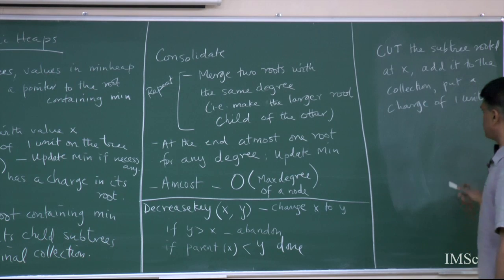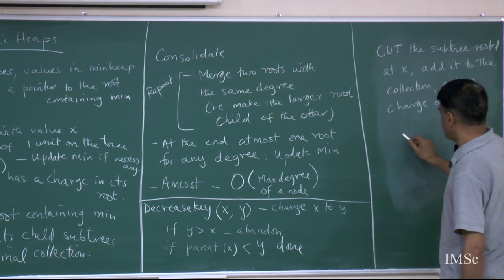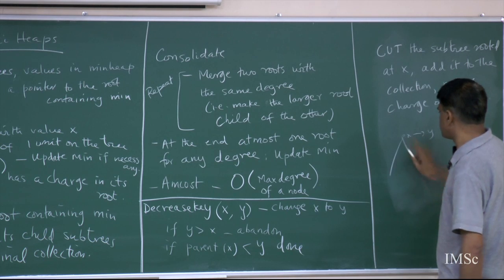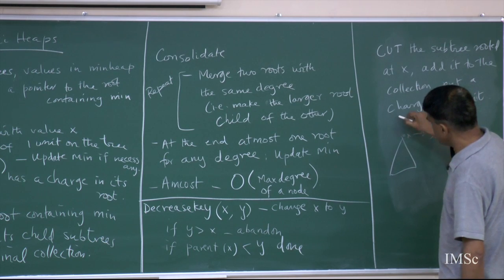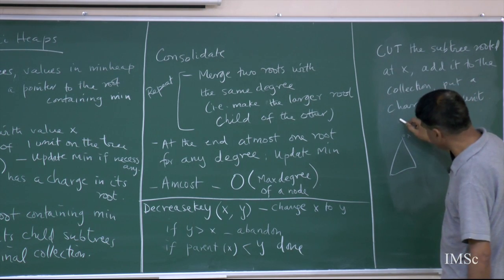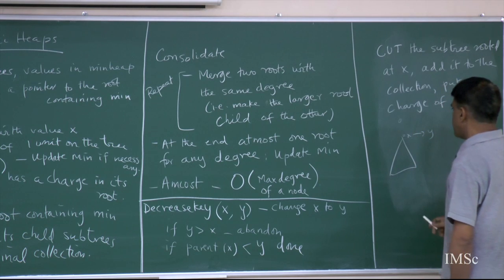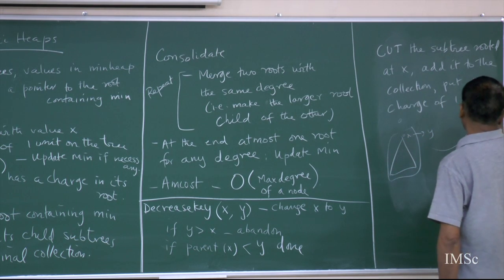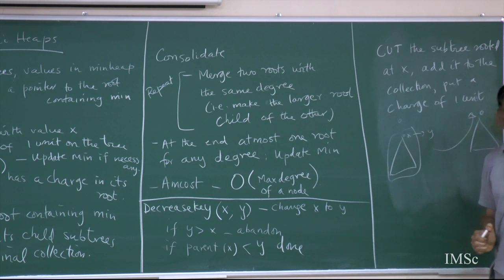Okay, so I have this tree which is x, which has got changed to y, and this turns out to be smaller than its parent, so I will cut this subtree, add it to my collection, and put a charge of 1 unit.